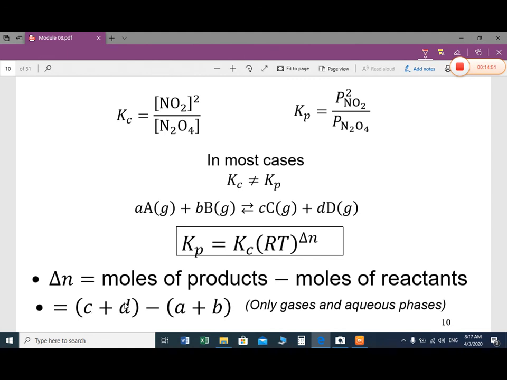So c plus d, the total number of moles of the products, minus the total number of moles of the reactants will give you delta n. But remember again, you have to remove all the solids and all the pure liquids from the equation. Even here, you don't count the number of moles of pure solids and pure liquids. Only gases and aqueous phases will be accounted for.